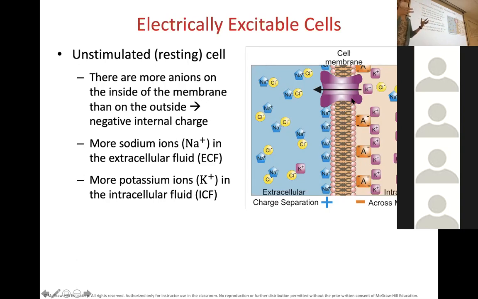That's what the sodium-potassium pump is setting up, basically forcing sodium ions out and potassium ions in. And that's partially contributing to the negative charge, but also there are a lot more anions, or negatively charged ions, within the cell, just bringing that charge down. So these A negatives here are just general anions inside the cell.